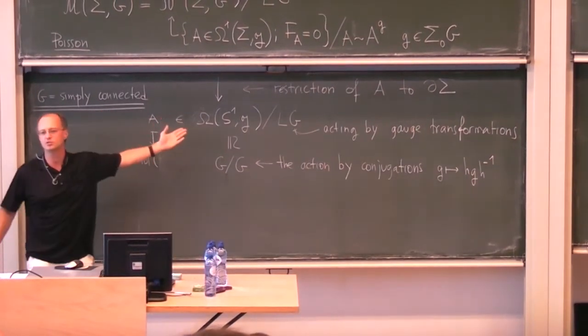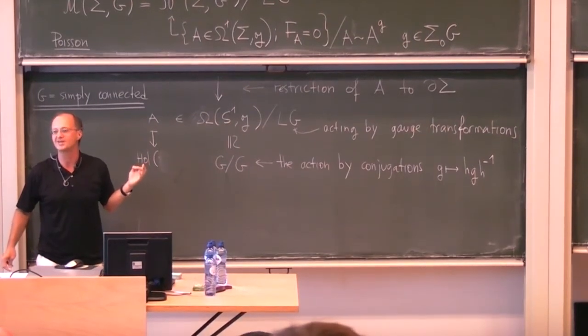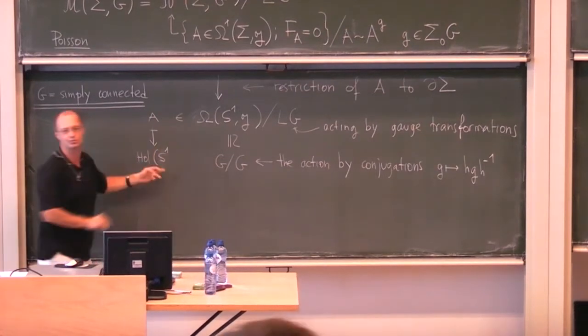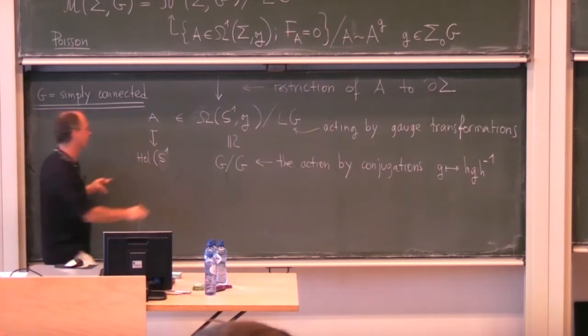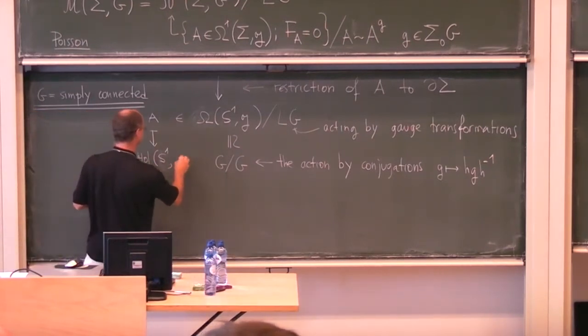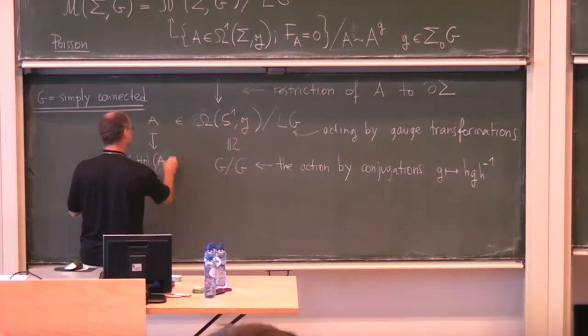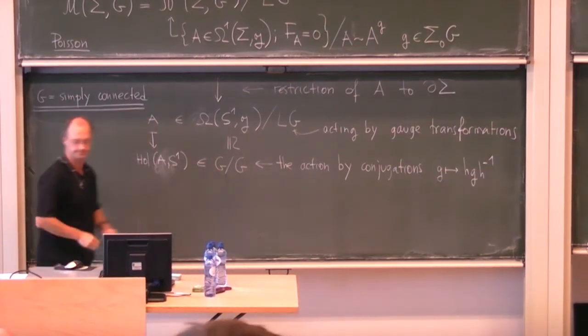How do you want me to parameterize the circle, from 0 to 1 or from 0 to 2 pi? There are different schools, but let me just say S1, but it's understood I have to choose the base point. So the holonomy of A around S1 will be an element in G.